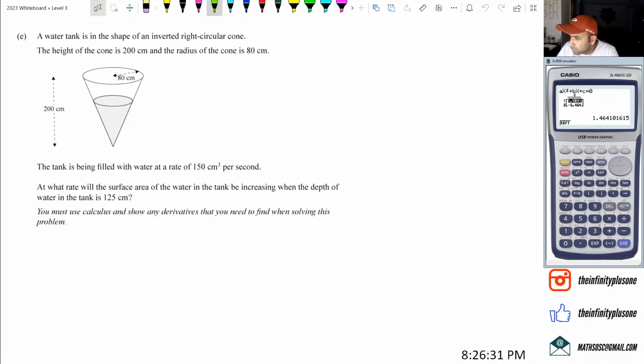Oh, unless I'm getting the wrong one, but is this surface area of just the water on top? It's just surface area of water on the top, which is not curved surface area. Yeah. All right, we'll do this. I don't think you need curved surface area here, but it should pop up.